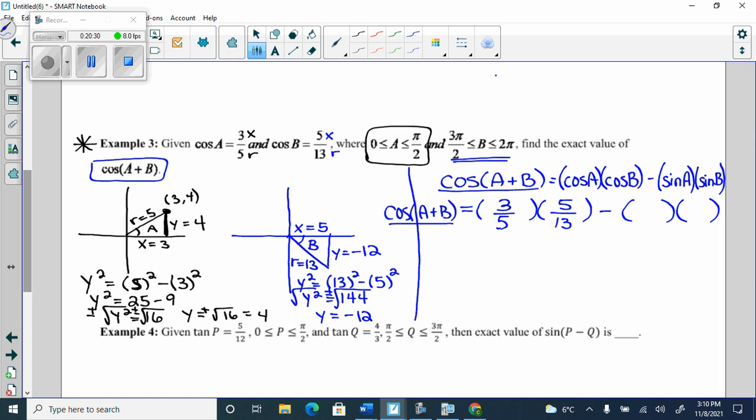How do I get sine of A? Take the y values, and then put it over r. Yeah. So I go to my A triangle and I go 4/5. And then sine of B? 12/13. Negative 12/13.